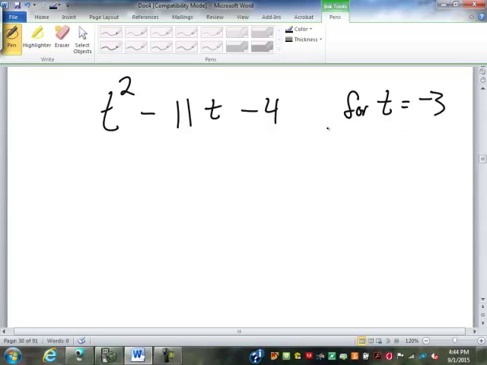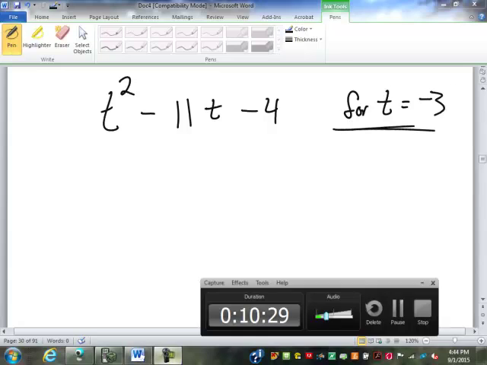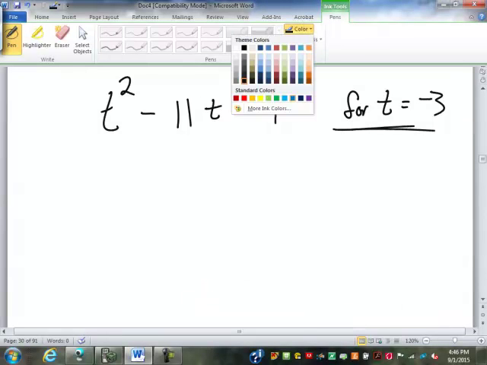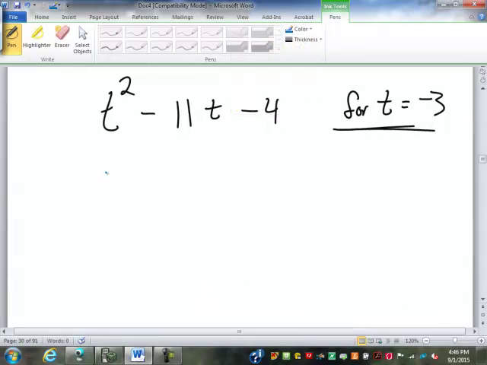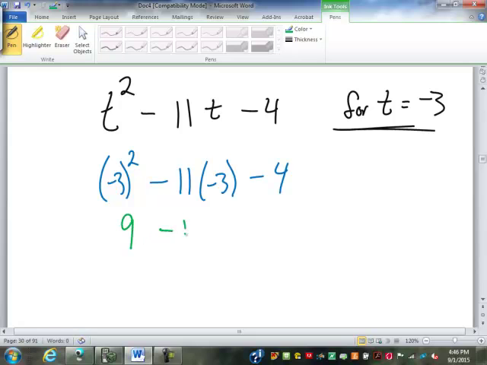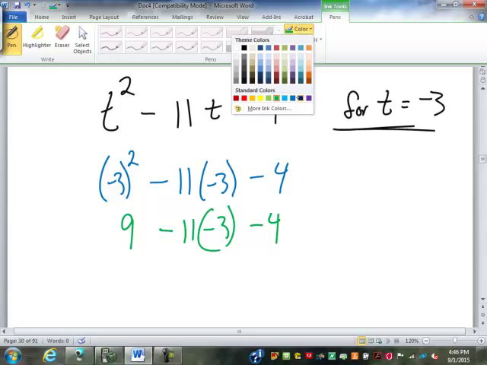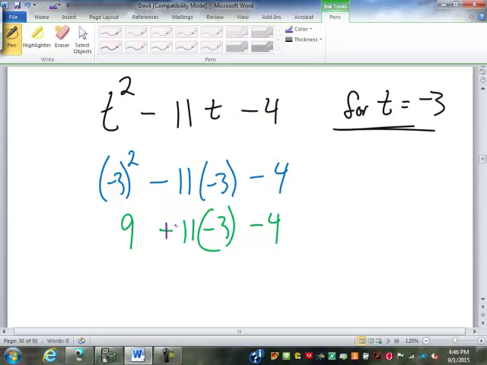Try this one in your notes. Walk me through it. So it's negative 3 squared minus 11 times negative 3 plus 4. Okay, so now what do we do? Negative 3 squared is 9. And then it changes to plus a negative 11.